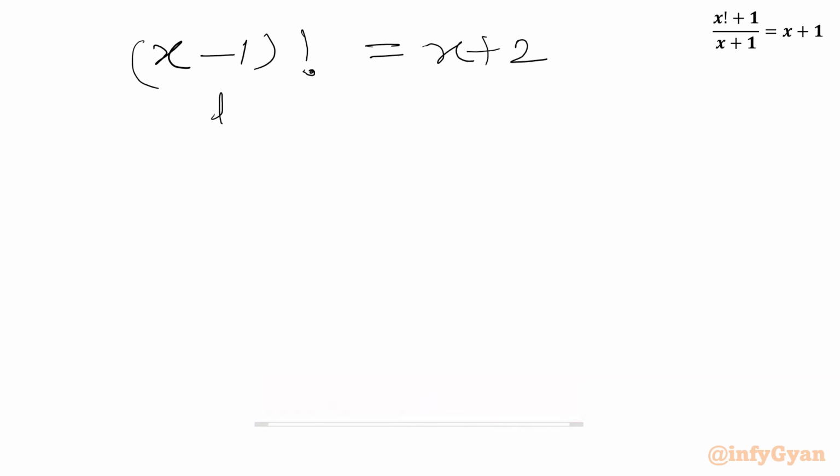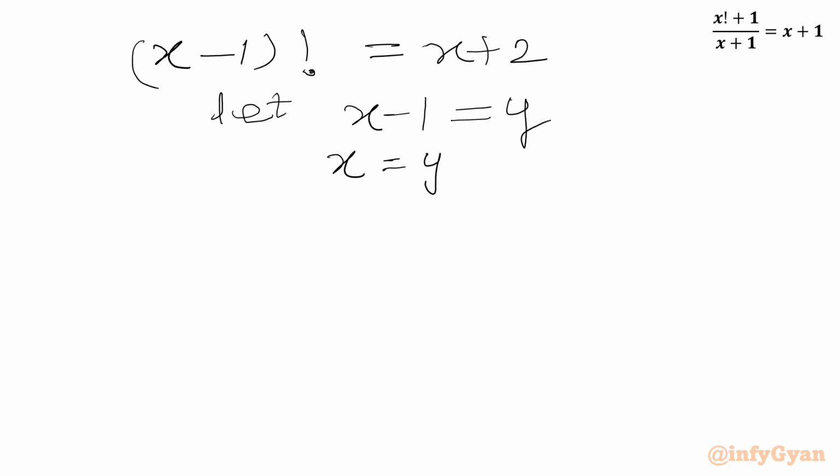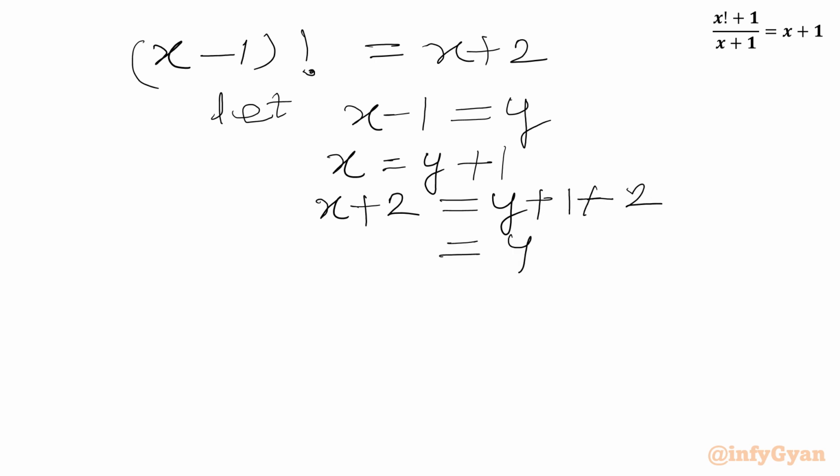Now we will consider our substitution. Let x minus 1 equal y. So from here I can write x will be equal to y plus 1, or x plus 2 will be equal to y plus 1 plus 2, which will be equal to y plus 3.